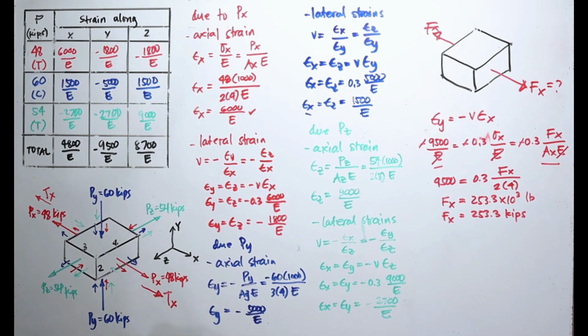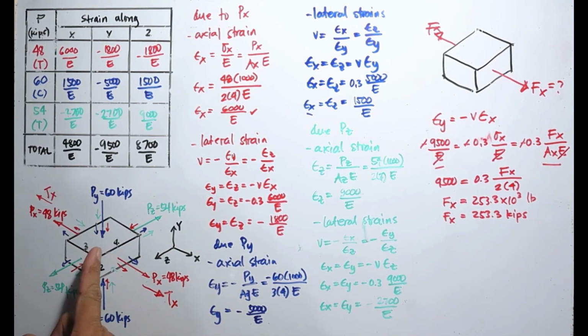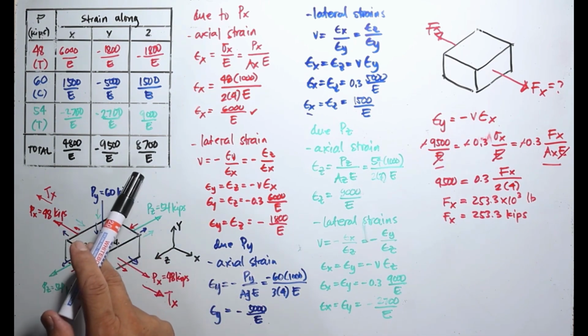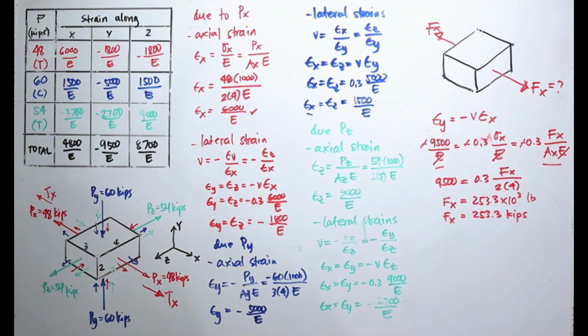So the lateral strain due to T sub x, if subtracted from the total strain along Z, the result should be 0.